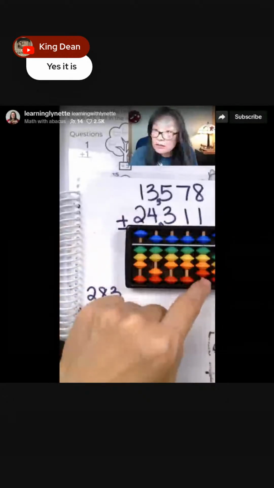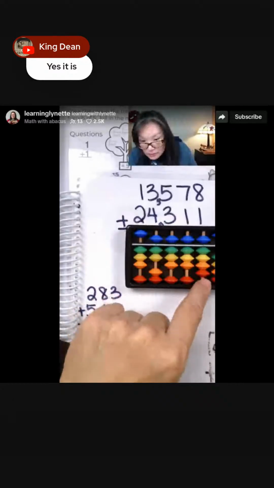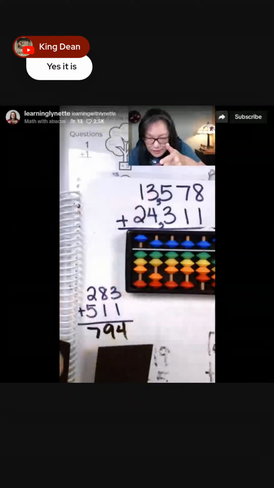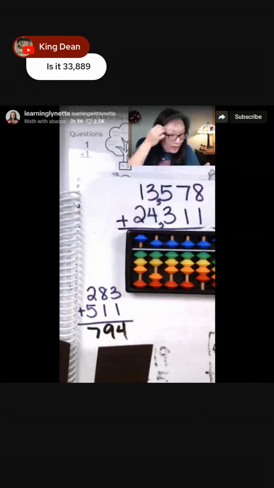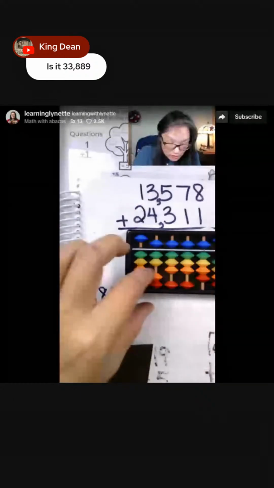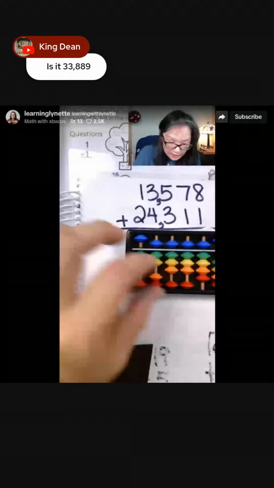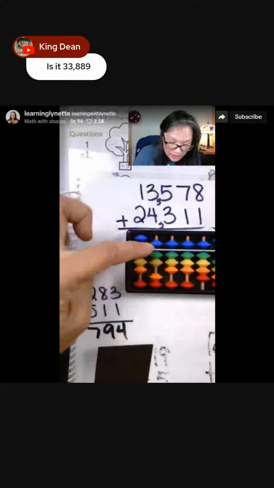Yes, Cody, let's do that. So we're understanding. We can, but let's go one more step if that's okay. No, Dean, it is not 3388. It's 37,000 because it's 5678 and then 9.